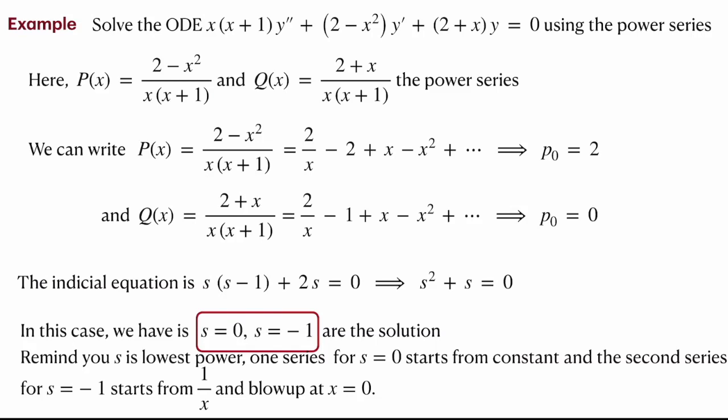Now it is an isolated singularity, so it blows up only at x is equal to 0. If we remove a small neighborhood around that point, we can use this solution. When we want to study the solutions of this differential equation in the neighborhood of x is equal to 0, we can use the solution corresponding to s is equal to 0 and ignore the other.